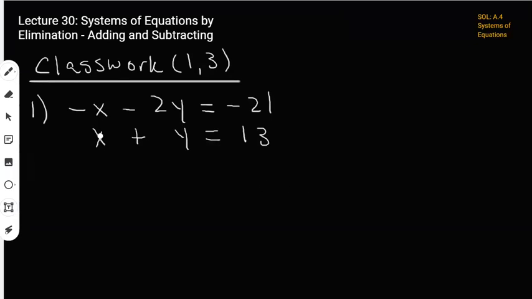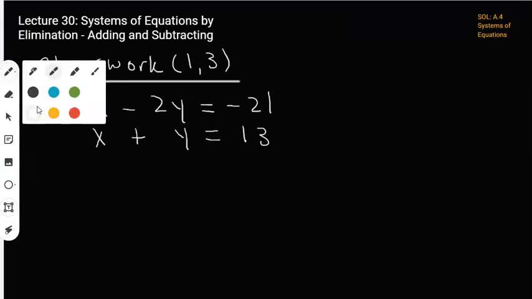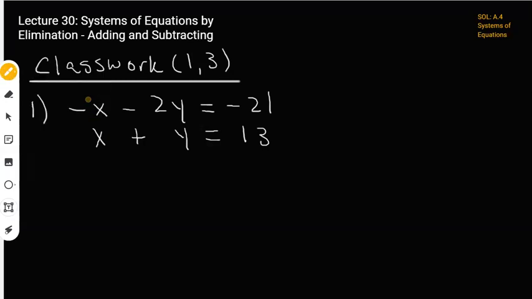Notice that in front of the x's, you have a negative 1 right here and a positive 1 right here. So if you were to add these two numbers, you would get negative 1 plus 1 is equal to 0. So the x will be eliminated. So I'm going to put a plus sign off to the side in parentheses.